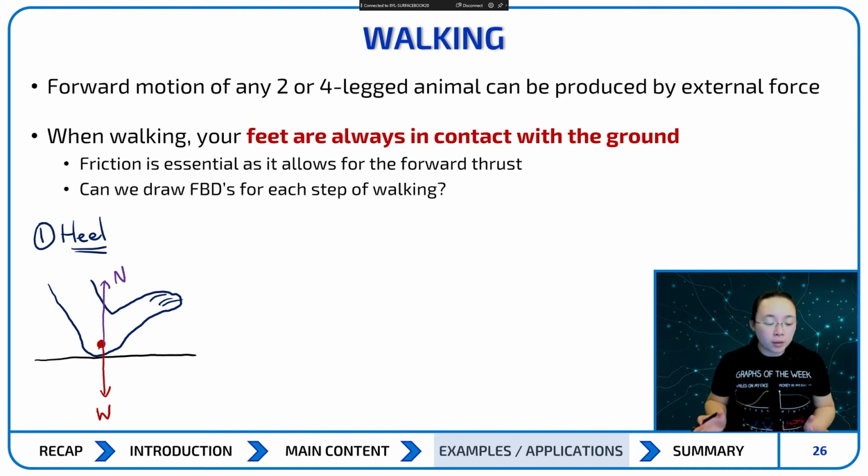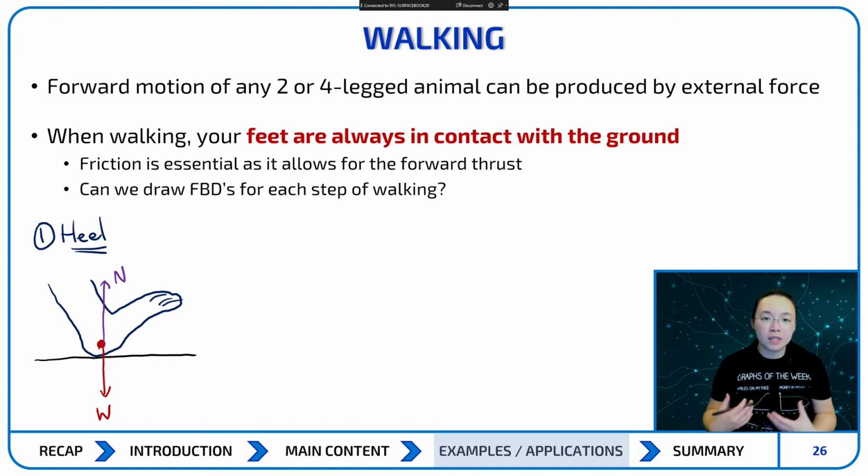Now, if you think about it, if I start with my heel, what is my intended motion? Is it forward or backwards? Because now we have to take a look at where friction is. So if I'm starting to walk with my right foot, I extend my right foot out and then I put my foot on the ground. If there were no friction, my foot would most likely slide forward.